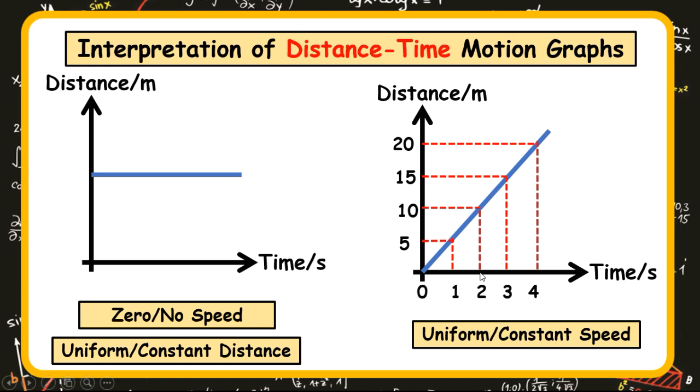The time moves to 2 seconds, then the distance is 10 meters. 3 seconds, 15 meters. 4 seconds, 20 meters. Notice, as the time increases by 1, the distance increases by 5. It has a uniform time increment and a uniform distance increment. That's why it is called uniform speed or constant speed. And it is speed because we are talking about distance against time.